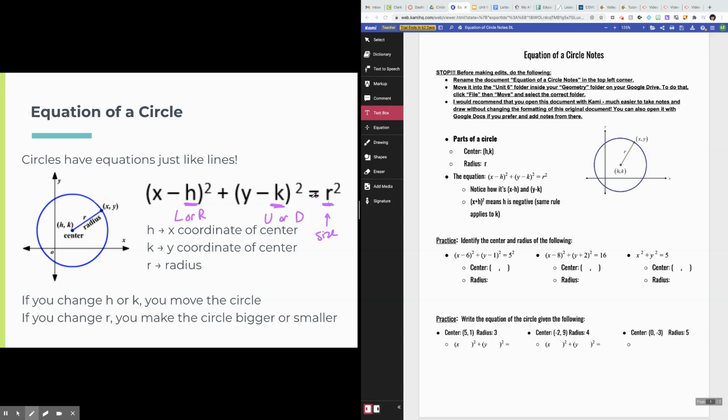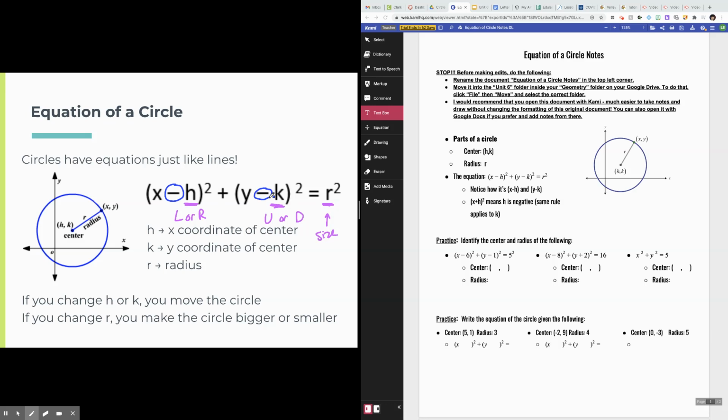Okay, now, one thing that's important to point out in the equation of the circle is this: within the parentheses, the general equation has negative signs inside it, right? And I wrote it for you on your actual notes page. Notice how you have x minus h and y minus k. So if you see a plus inside the parentheses with the x or the y, then that means this number, the h or the k, has to be negative.